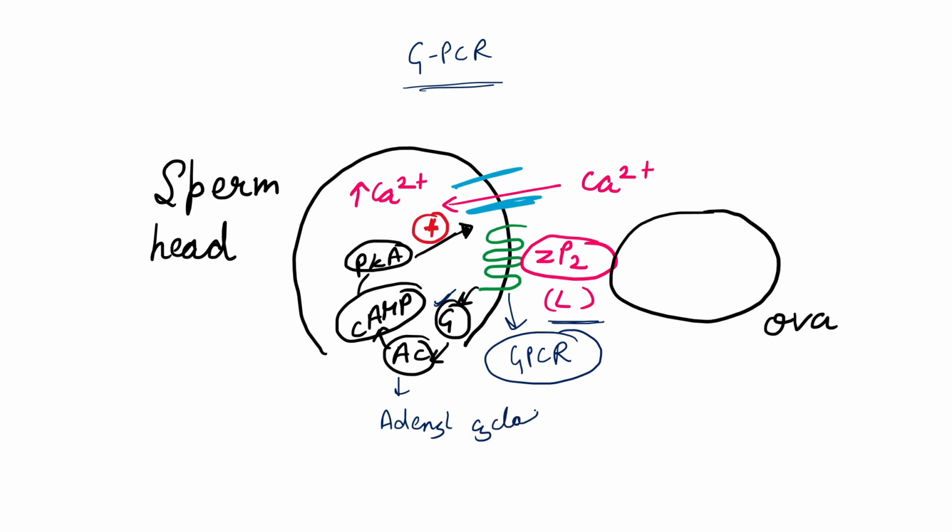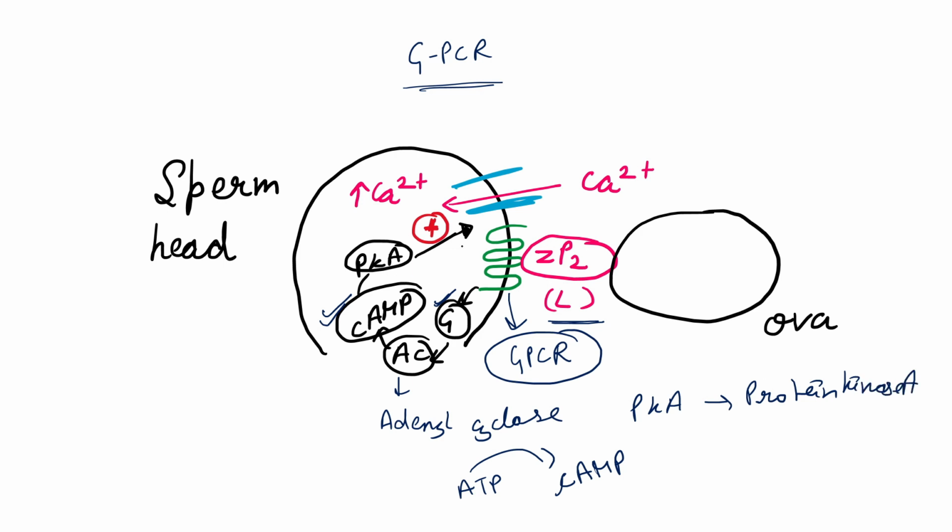Adenyl cyclase would convert ATP into cyclic AMP. Furthermore, cAMP will activate PKA, that is protein kinase A. Then it would activate this calcium channel.